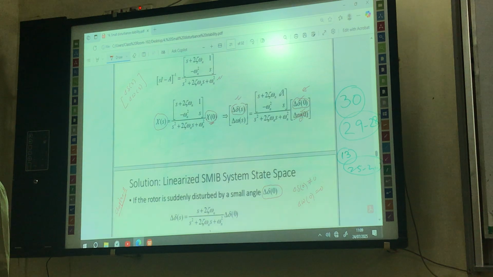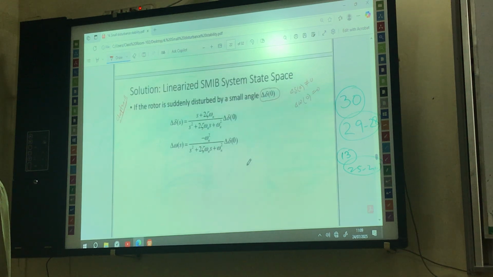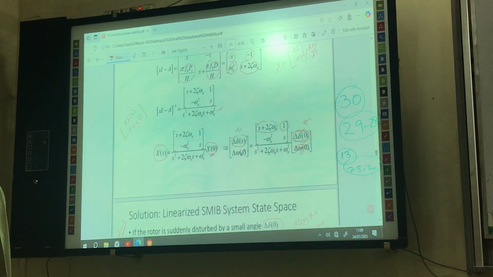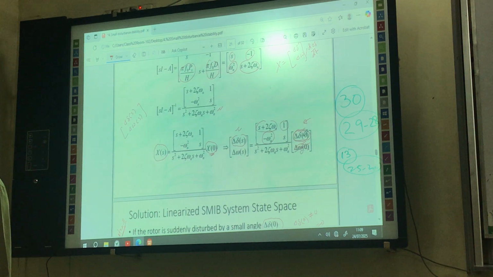So this multiplied by this plus this multiplied by this, but this is already 0, so it will be simply s plus 2 zeta omega n multiplied by del delta of 0 divided by this. That will be your del delta of s. And what will be the second element, del omega of s? It will be this term multiplied by del delta of s.